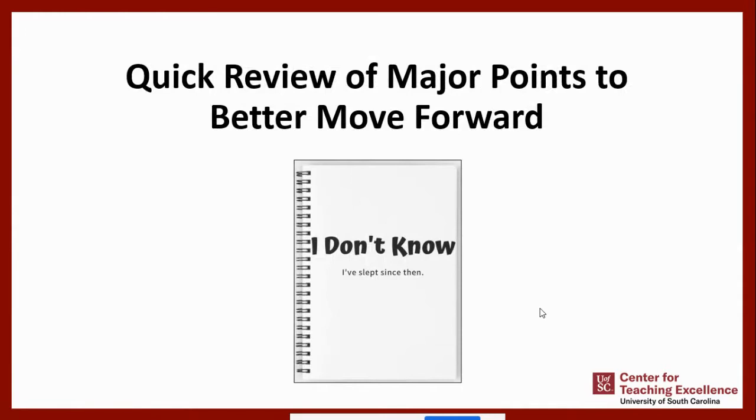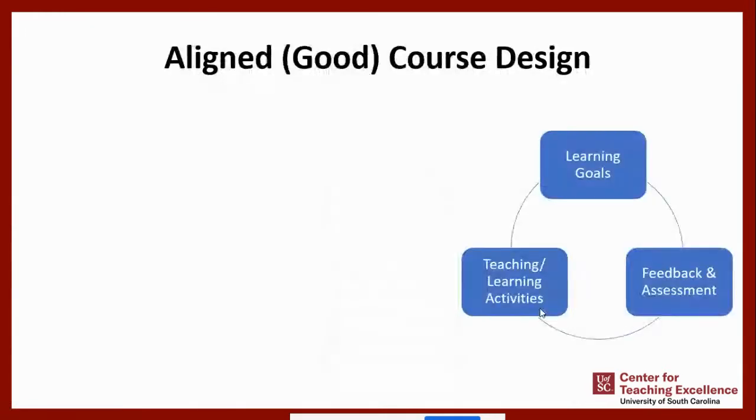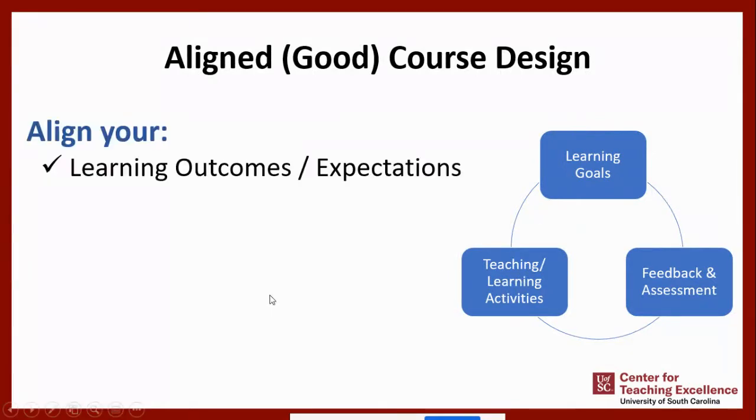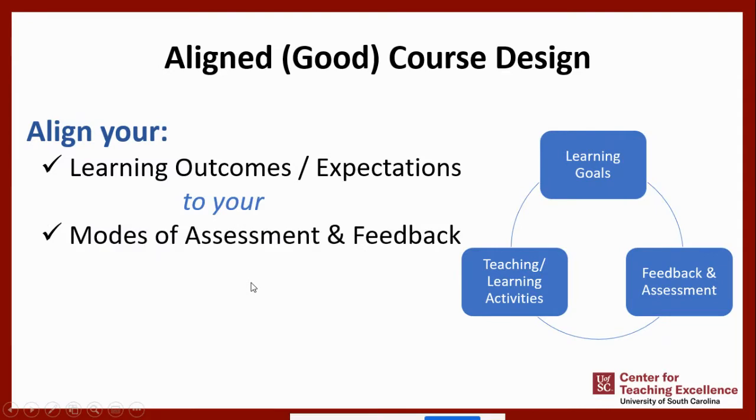But let's look at the major points from last week. So basically, we talked about alignment of our course, the alignment of the learning goals, the teaching and learning activities, and the feedback. So you want to align what the outcomes are and the expectations, meaning what the students are going to get out of this course, but they need to be aligned with the way that you assess that.